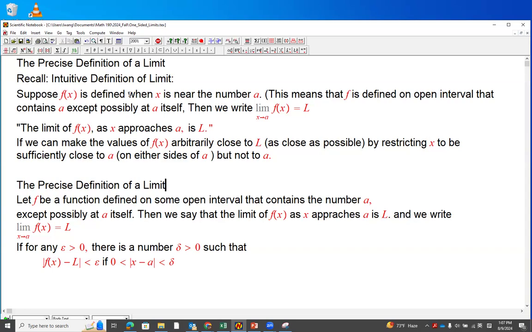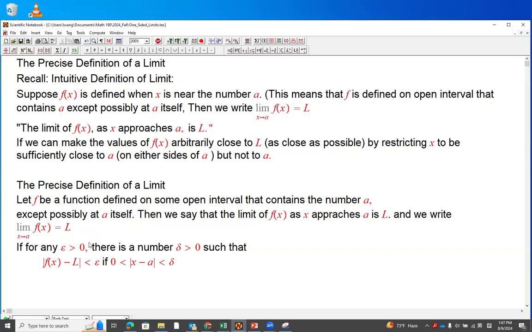The function is defined in an open interval near a, in the neighborhood of a, except possibly at a itself. Same condition. Then we say that the limit of f of x as x approaches a is L, and we write it this way.